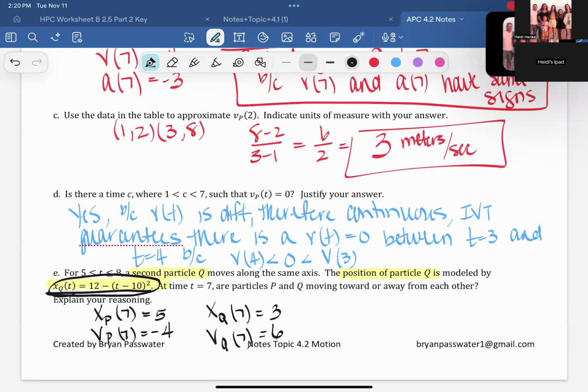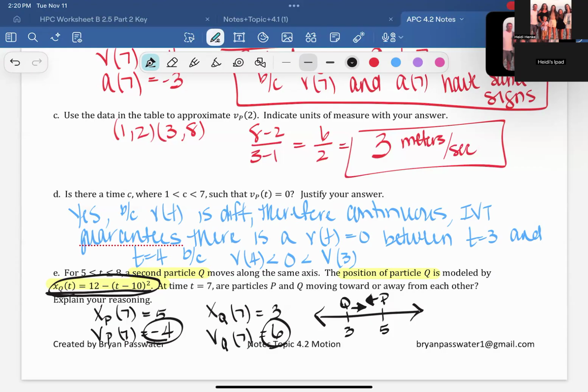So let's take a look at what that means. Think about your line. P is at 5, and it's moving to the left because it has a negative velocity. Q is at 3, and because its velocity is positive, it is moving to the right.